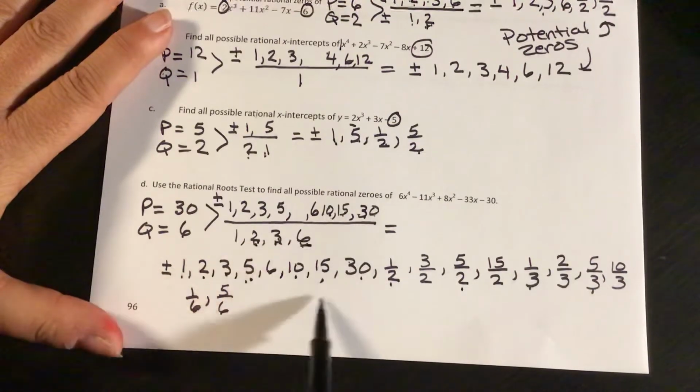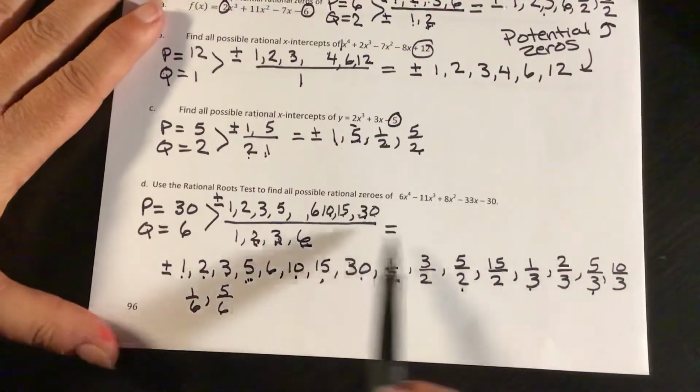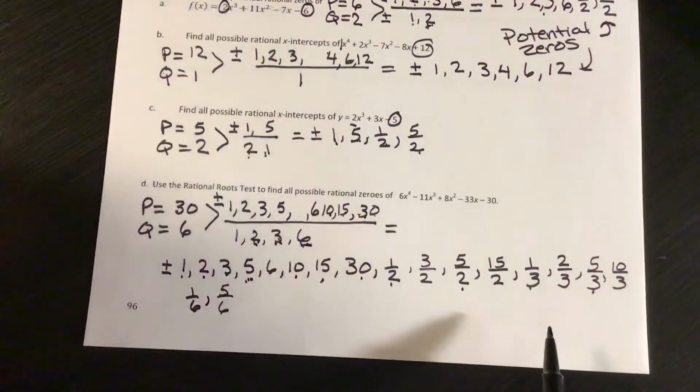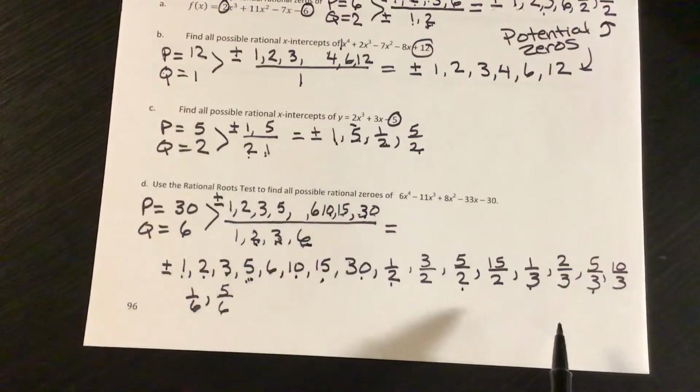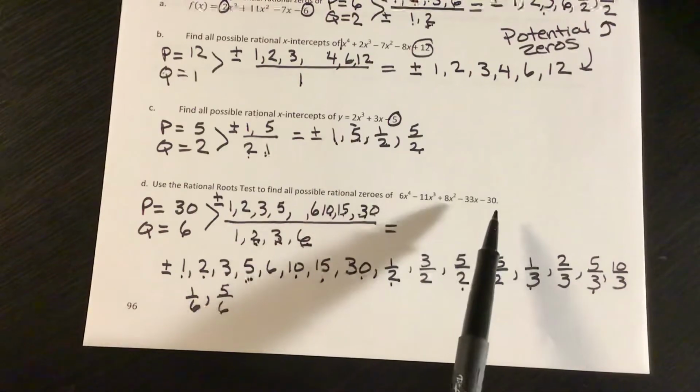And 30 divided by 6 is 5. So these are all the possible rational roots that could be had for this polynomial.